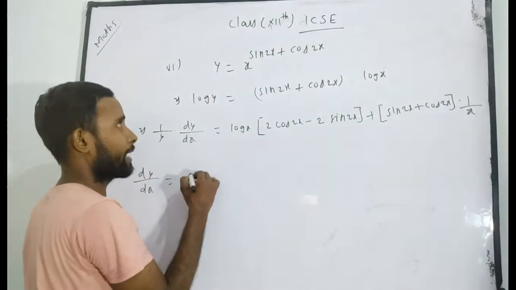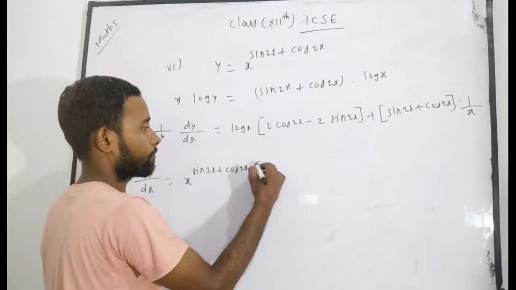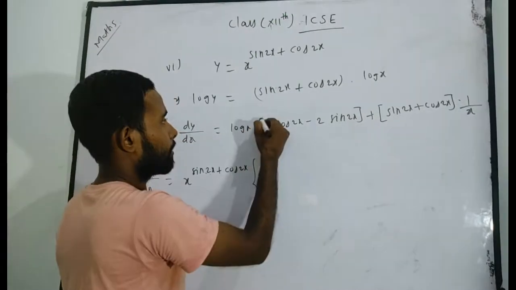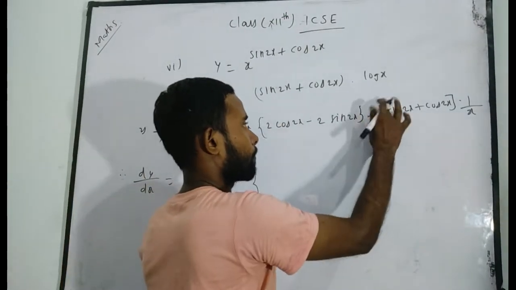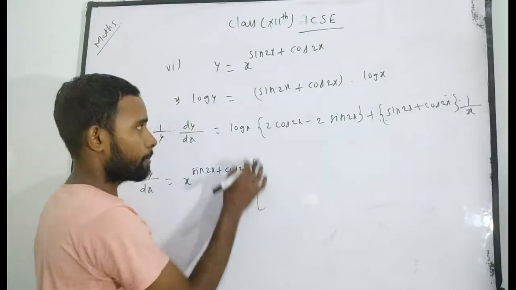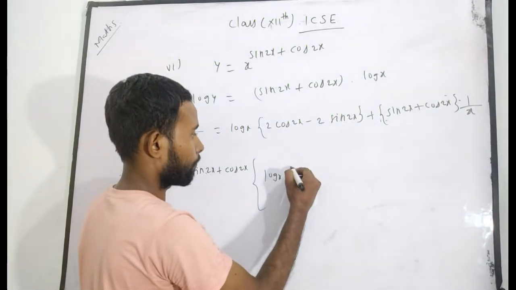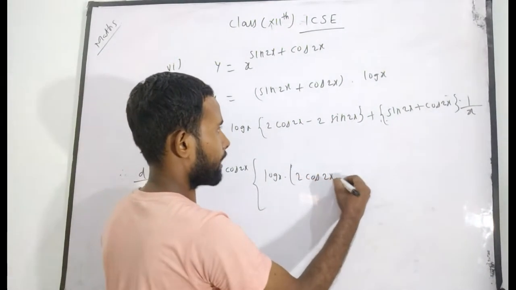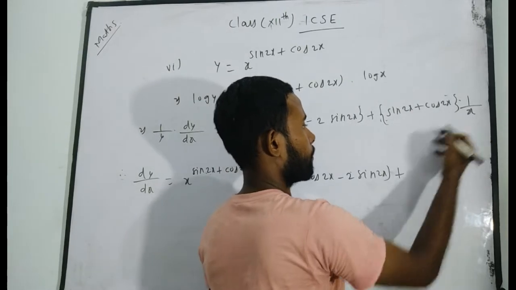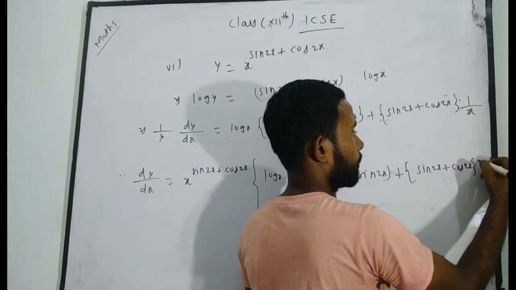What is the value of y? y is equal to x to the power sin 2x plus cos 2x, so dy/dx is equal to x to the power sin 2x plus cos 2x, you can use here a curly bracket, now this will be log x into (2 cos 2x minus 2 sin 2x) plus (sin 2x plus cos 2x) into 1 upon x.